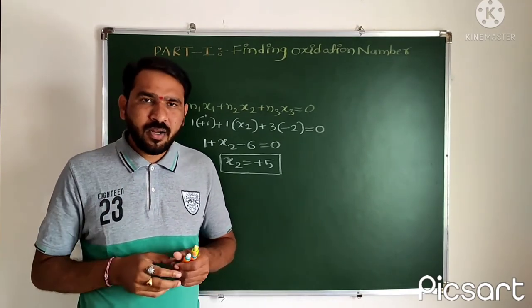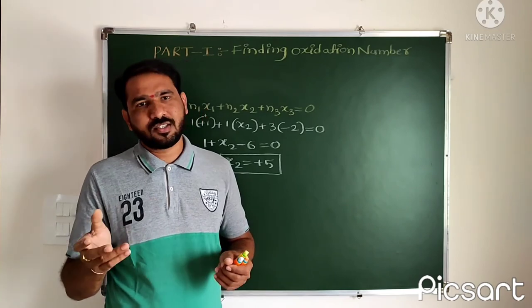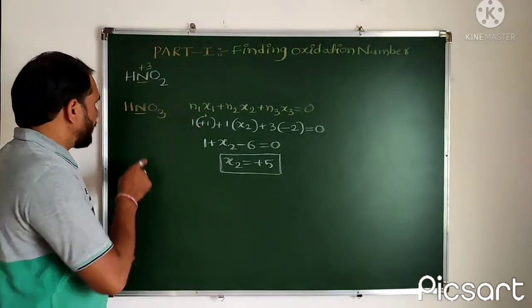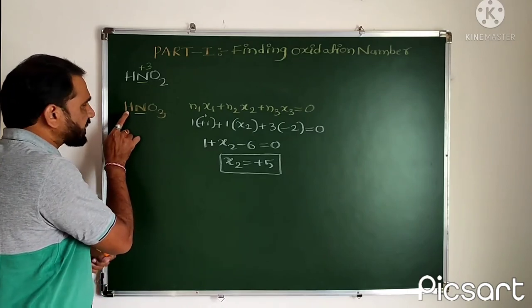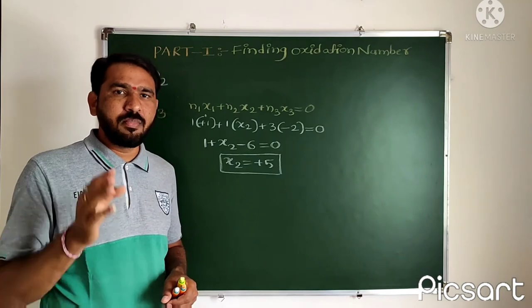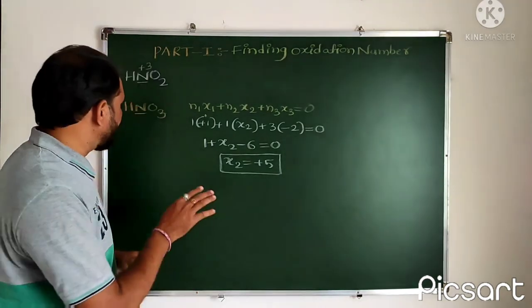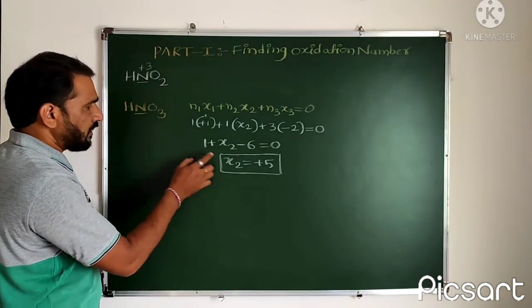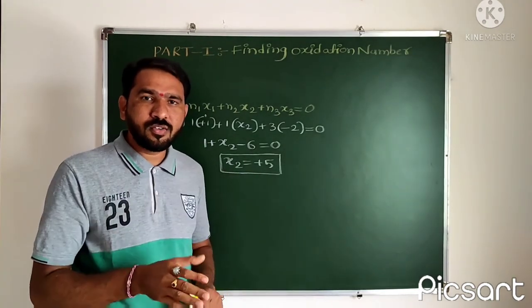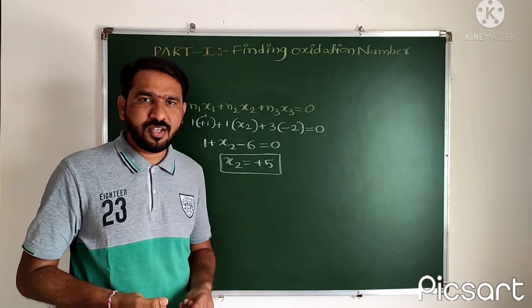It means the number of positive charges is also 6. Then among 6 positive charges, 1 positive charge is deducted by H plus ion. Remaining how much is left? Plus 5. So that is the oxidation number of nitrogen. Already calculated plus 5. Without using the formula also, we got plus 5 oxidation state.